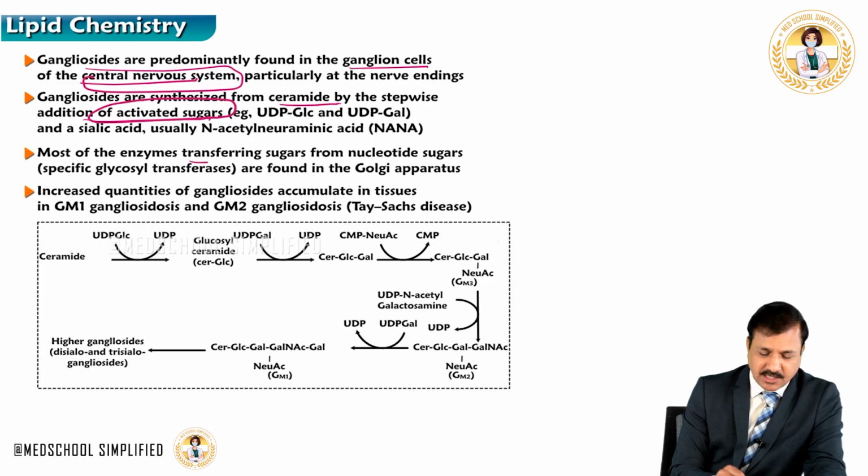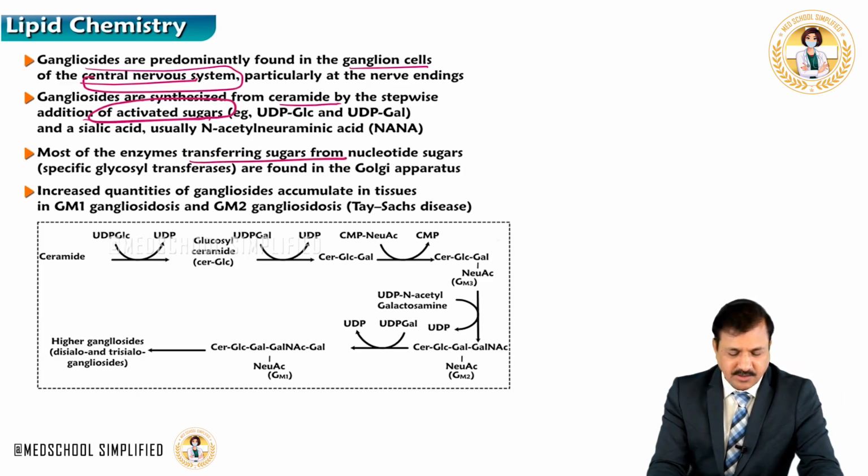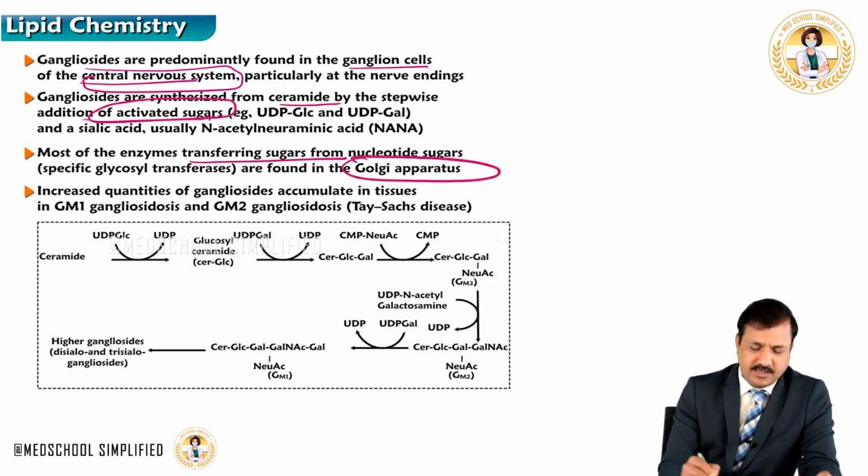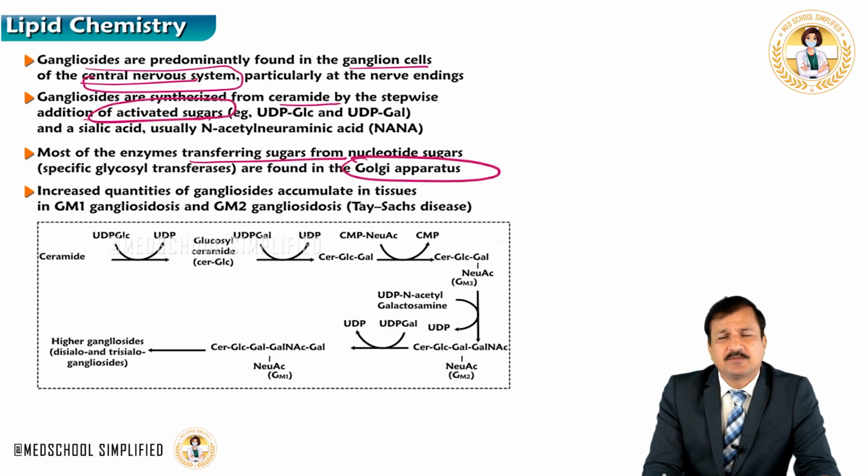Most of the enzymes transferring these sugars from nucleotide sugars are specific glycosyl transferases, which are all found in the Golgi apparatus. That means ganglioside formation is going on in the Golgi apparatus.